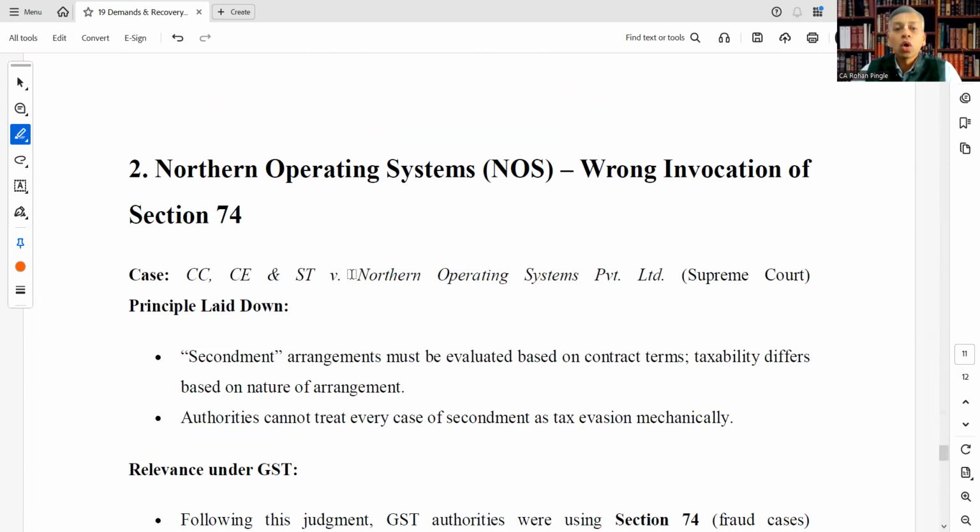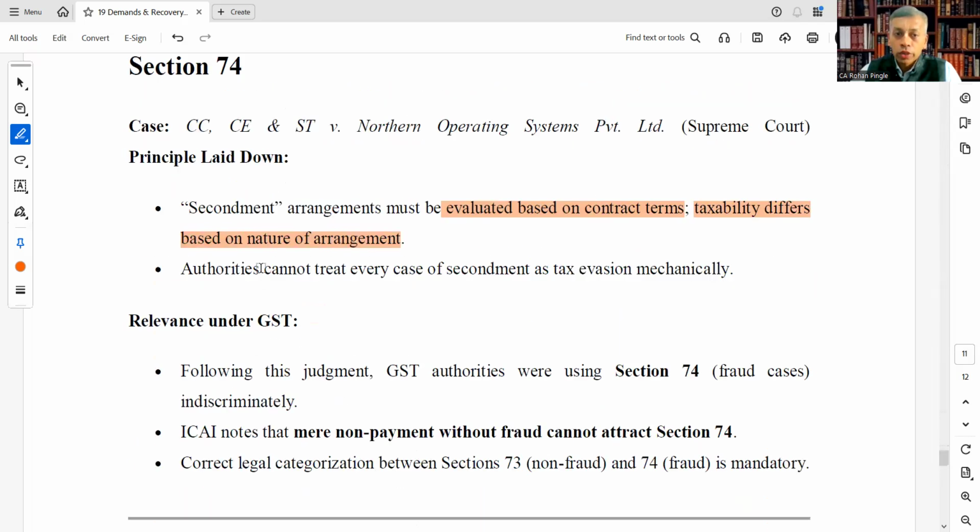CCCNST versus Northern Operating Systems Private Limited, Supreme Court. The principle laid down in the case: secondment arrangements must be evaluated based on contract terms. Taxability differs based on the nature of the arrangement. Authorities cannot treat every case of secondment as tax evasion mechanically.